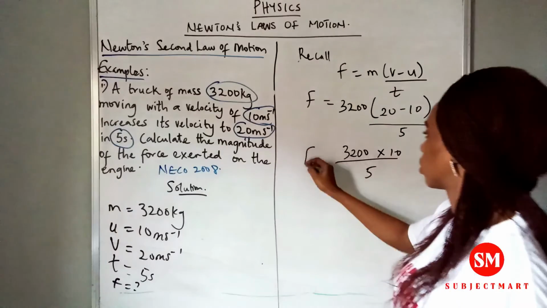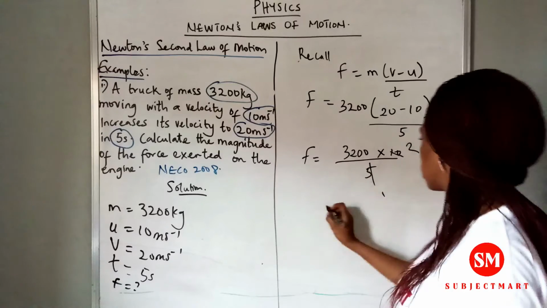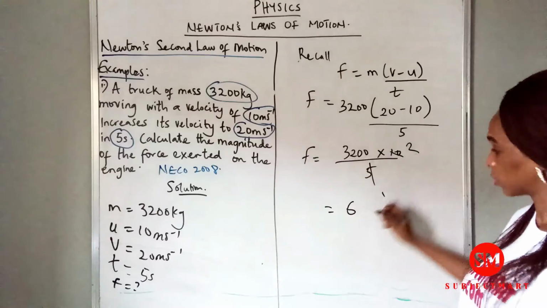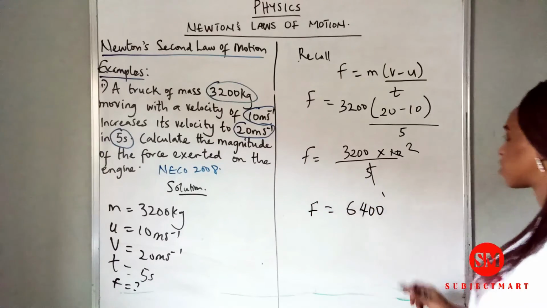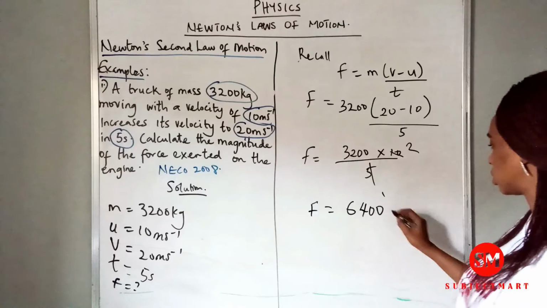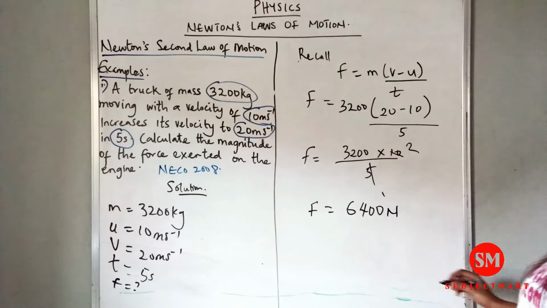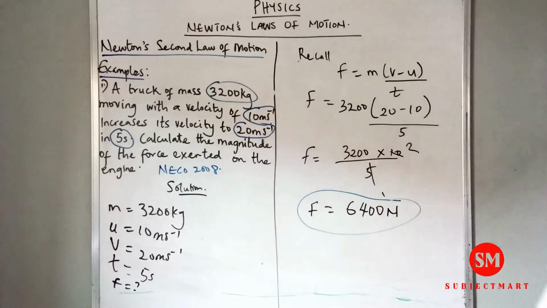So 10 over 5 is 2, and 3,200 times 2 is 6,400. We said force is measured in Newton. So I have F equals 6,400 Newton.